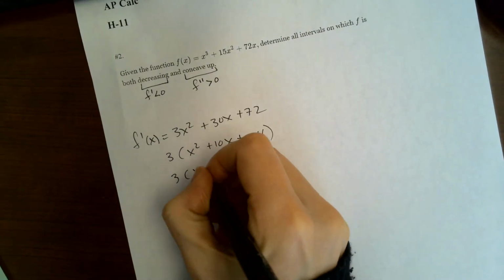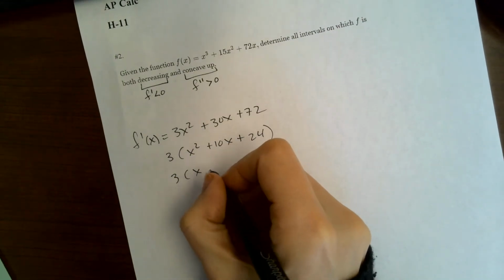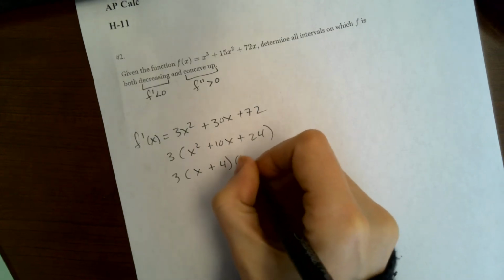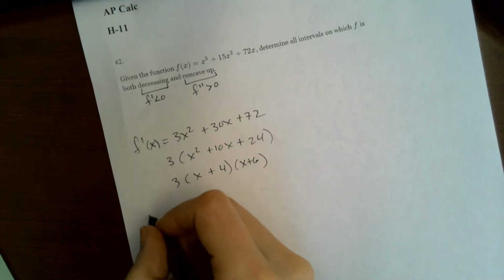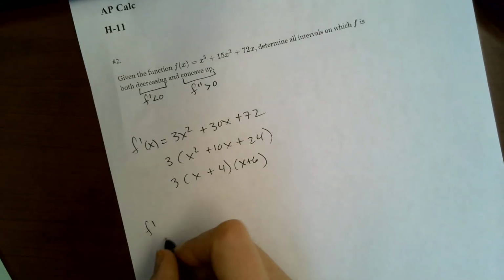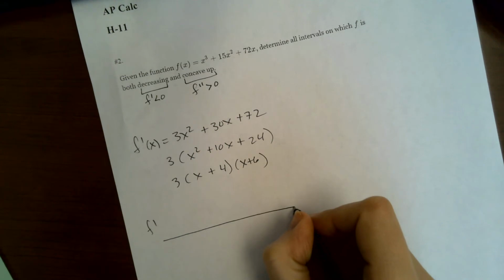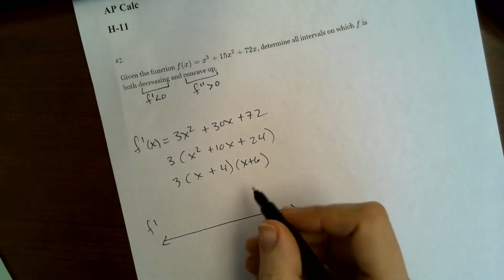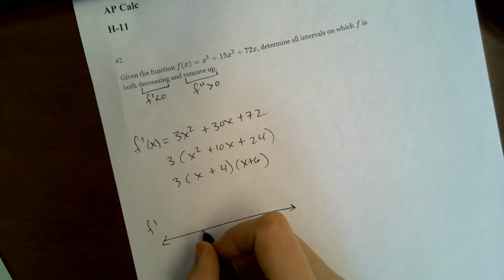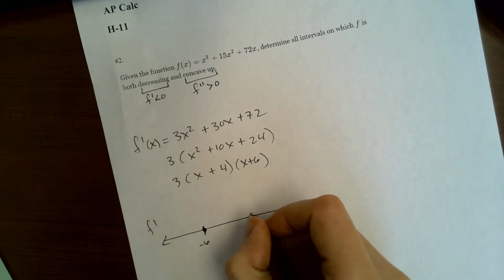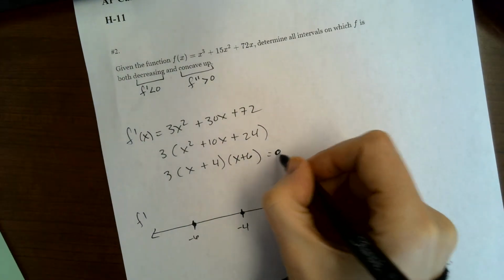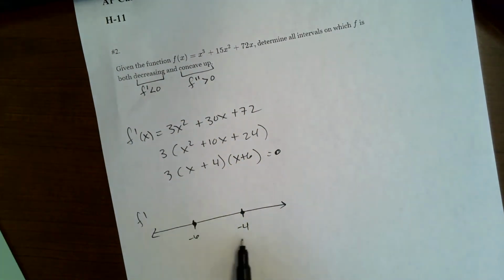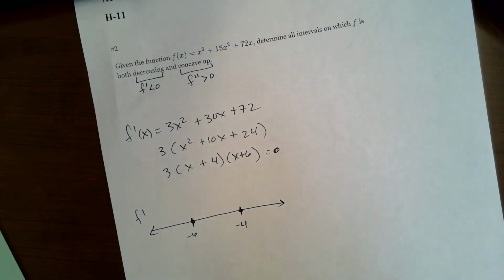Okay, so 3 times x plus 4 times x plus 6. Okay, so for my f prime number line, my critical numbers are going to be -4 and -6. We'll have -6 here, -4. Because if you set this equal to 0, then you get -6 and -4.